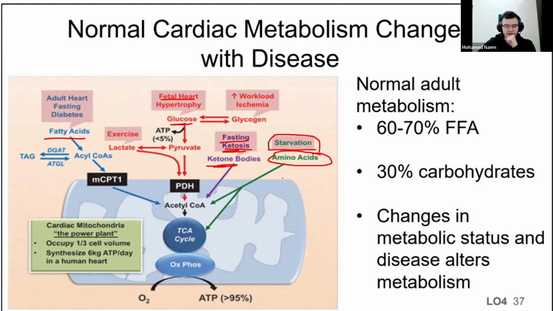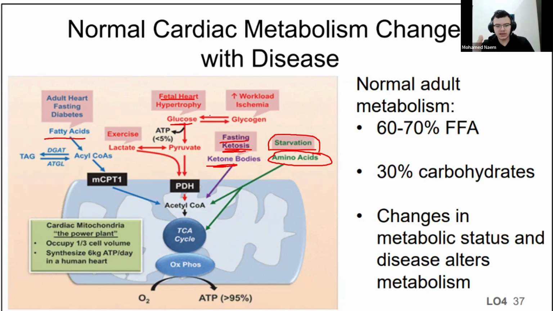So is this slide clear? You just need to know them, what the heart uses in each state, like the adult heart while fasting. Because the doctor can literally ask you: we got a patient to the ER, they are starving, what specifically is the source of power the heart is using?